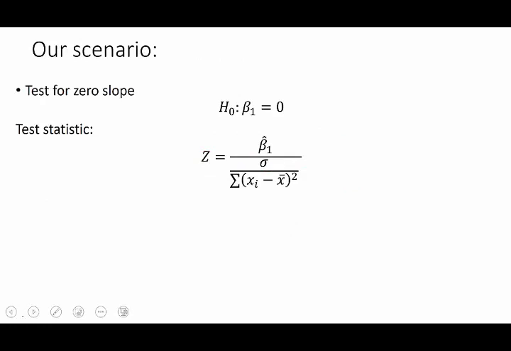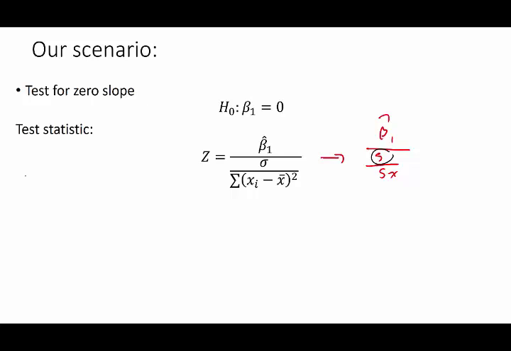So coming back to our scenario, here was that test statistic z from before. So I want to replace this one with beta 1 hat over s, and then there's that s sub x term here. But the question is, what should I use for this s, right? What is that s going to be?